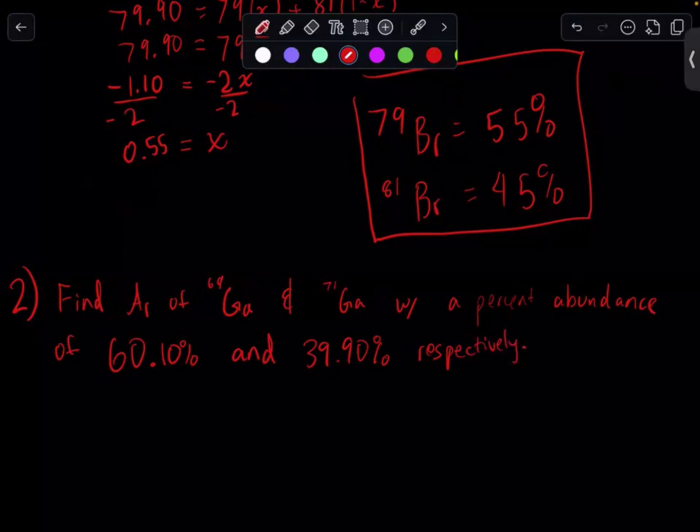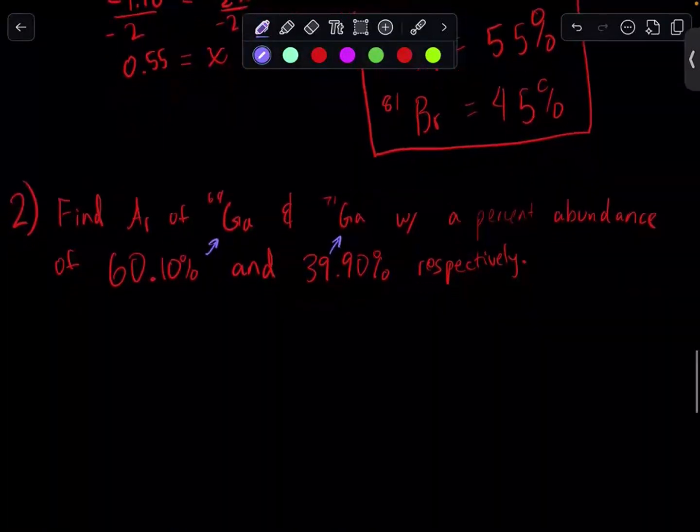Basically, that means that this 60 goes with the 69 and the 39 goes with the 71.